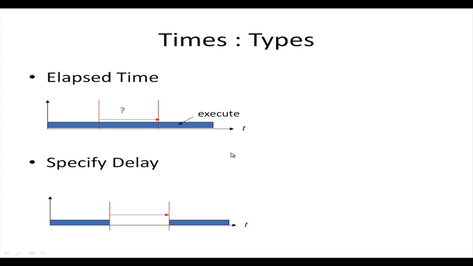We should be able to specify that, we should be able to know that. We should also be able to specify delays, that the first run of this program and the second run of this program should be separated by a certain amount. Okay. After this completes the first run, the second run should be delayed by this extent. So, delay is another type of time that we will often require.